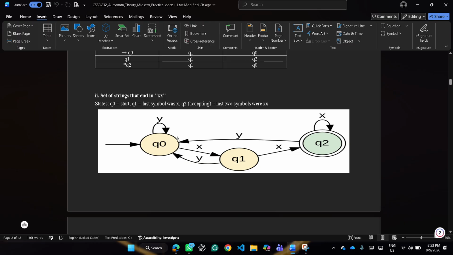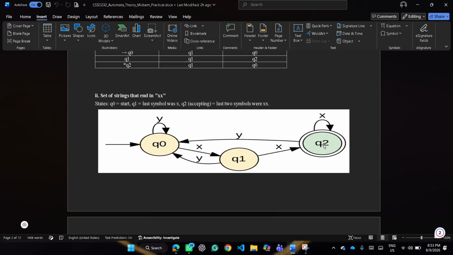If the machine reads an input of X, it transitions from Q0 to Q1. And if it reads an input of X at Q1, it transitions from Q1 to Q2. If I'm at Q2 and receive an input of X, I maintain my position.